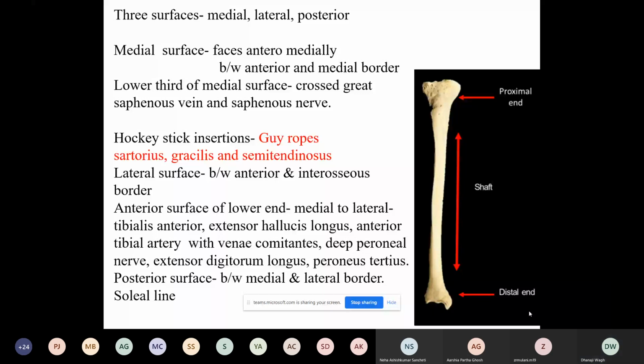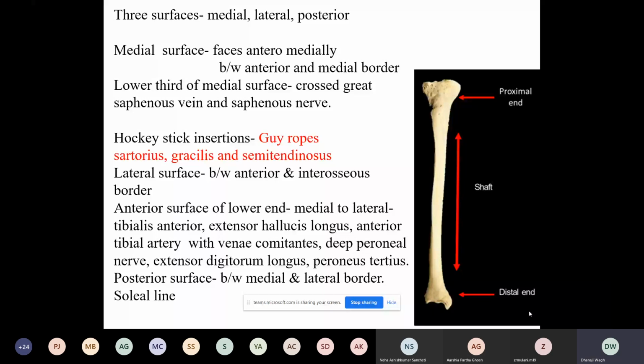Once again, repeat all these things. Anterior surface of the lower end, medial to lateral: tibialis anterior, extensor hallucis longus, anterior tibial artery with venae comitantes, deep peroneal nerve, extensor digitorum longus, and peroneus tertius.